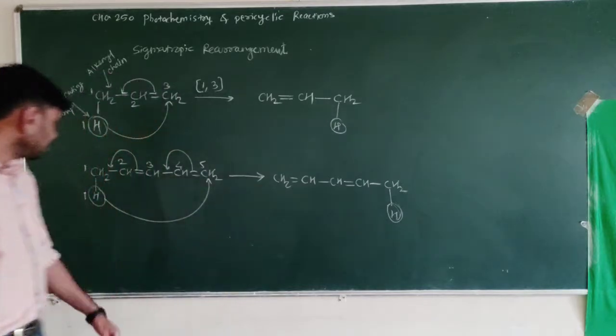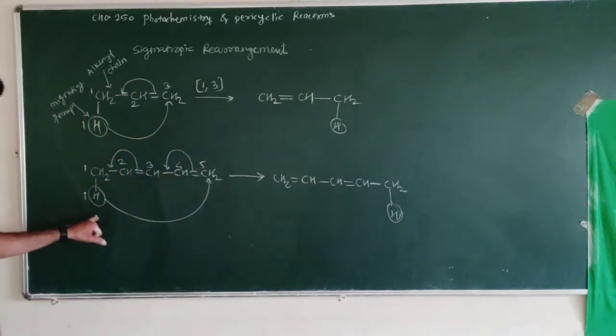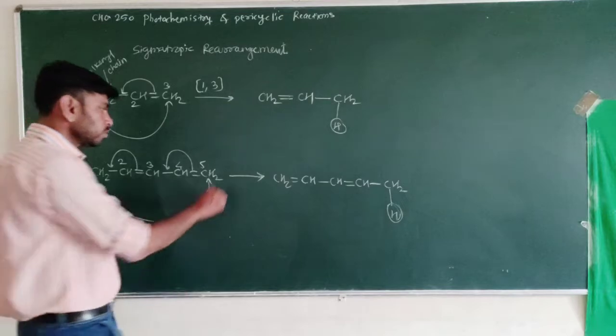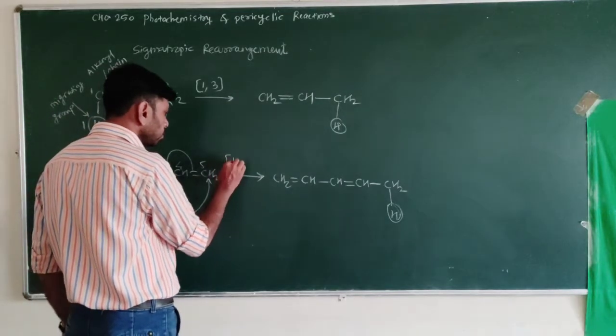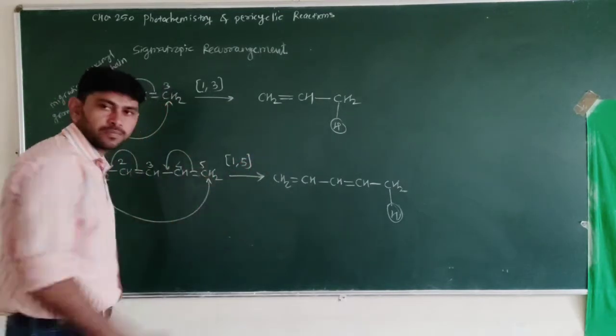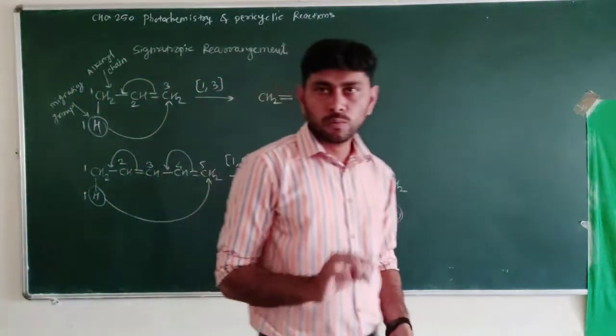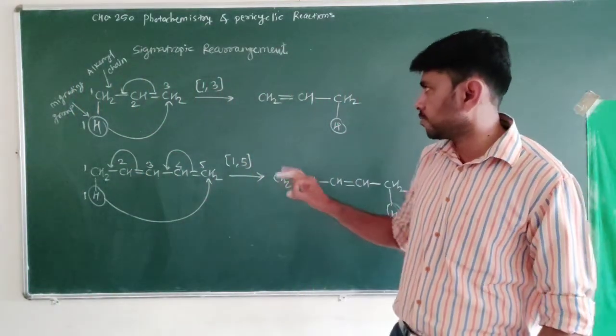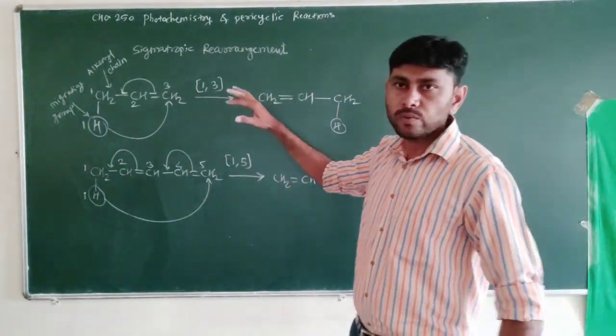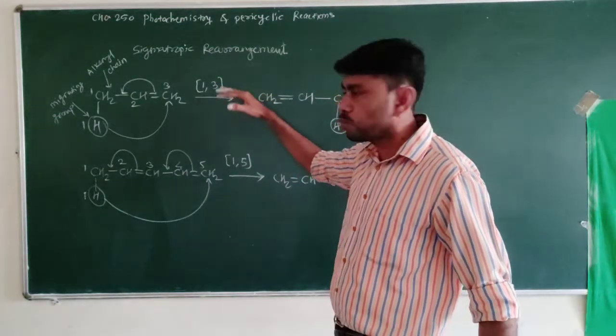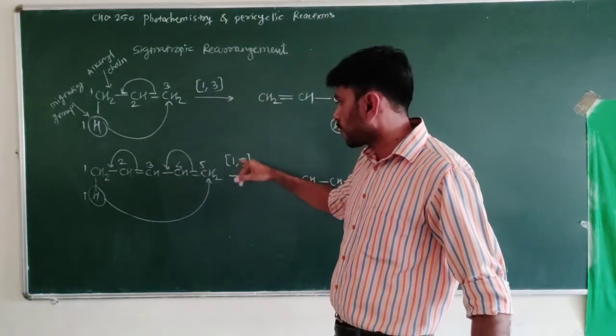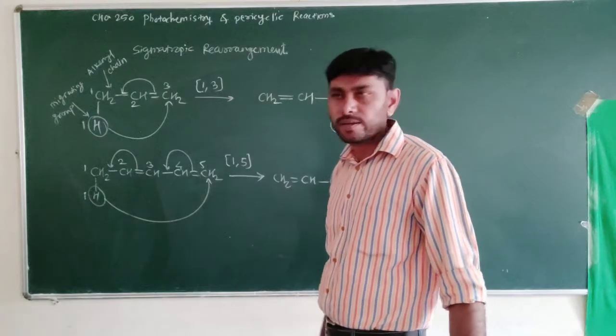So in this case the group transfers from position 1 to position 5. So this is a 1,5 sigmatropic shift. This shift is called a 1,5 sigmatropic shift. In this way we know how to name this sigmatropic rearrangement.